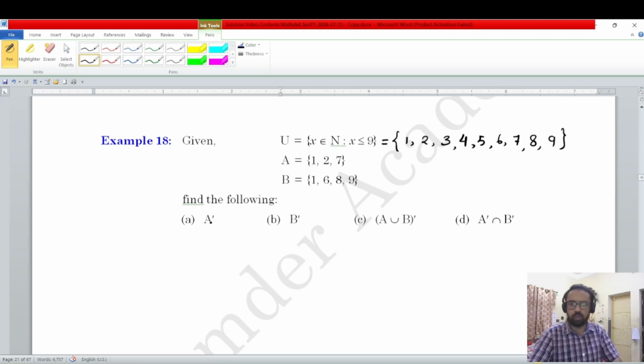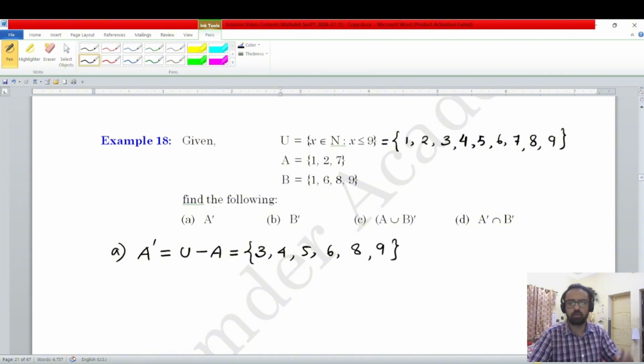So you need to find out A complement. So what will be A complement? A complement will be U minus A, U difference A. That means from U, remove all the elements of A. So A has 1, 2 and 7. If you remove them, what will be the answer? 3, 4, 5, 6, 8 and 9. So this will be A complement.